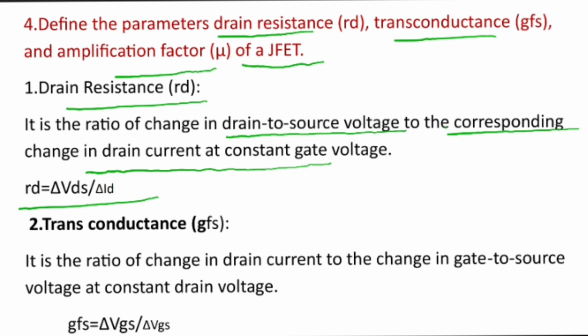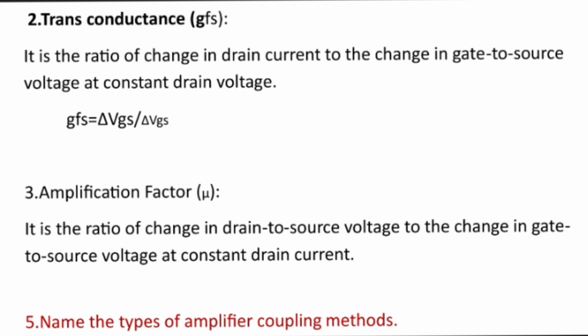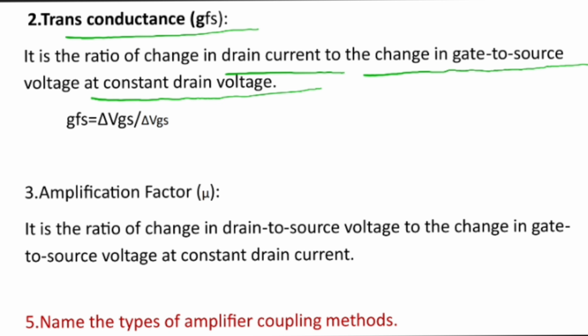This is the formula: change in VDS divided by change in ID. Next is transconductance gfs. It is the ratio of the change in drain current to the change in gate source voltage at constant drain voltage. This is the mathematical formula.